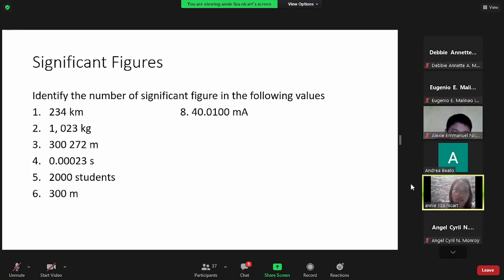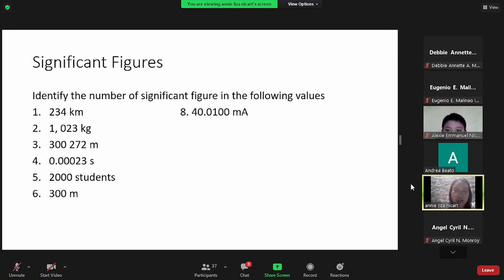Tail zeros may or may not be significant. Tail zeros are significant only if indicated to be significant. Unless indicated, tail zeros are not significant.